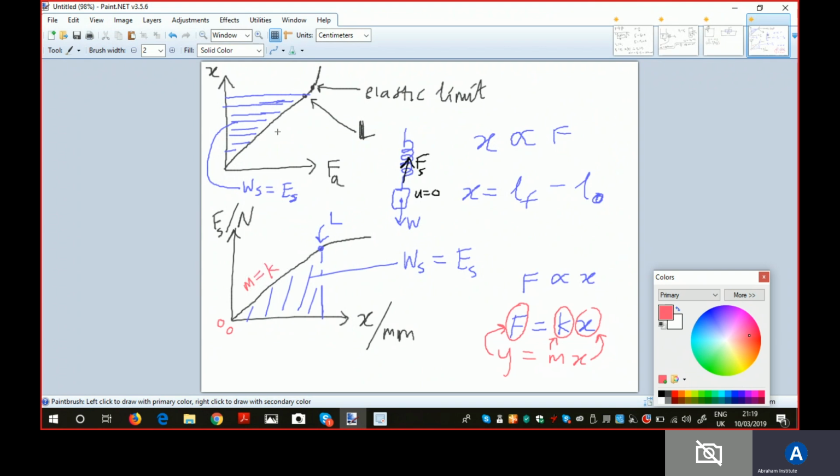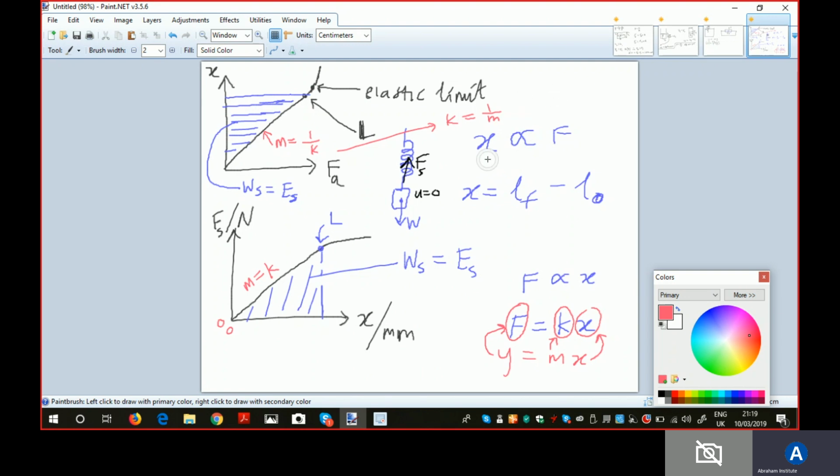Over here, it is equal to 1 over k, because this is the reciprocal of the gradient, so k is equal to 1 over the gradient. M is the gradient. So now this is the equation, this is the proportionality. If you write this as f equals kx, you can see that k is 1 over m.